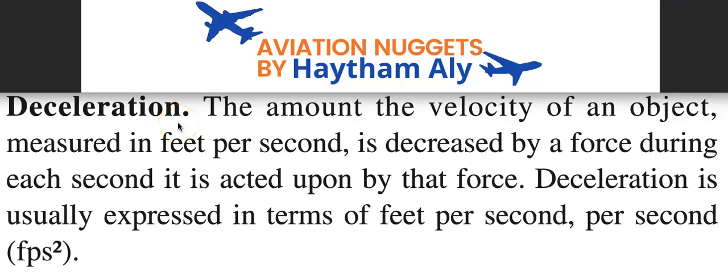In landing they always use the low or medium deceleration rate to allow the aircraft to land smoothly and allow the passengers not to feel so much of a high deceleration force during landing.